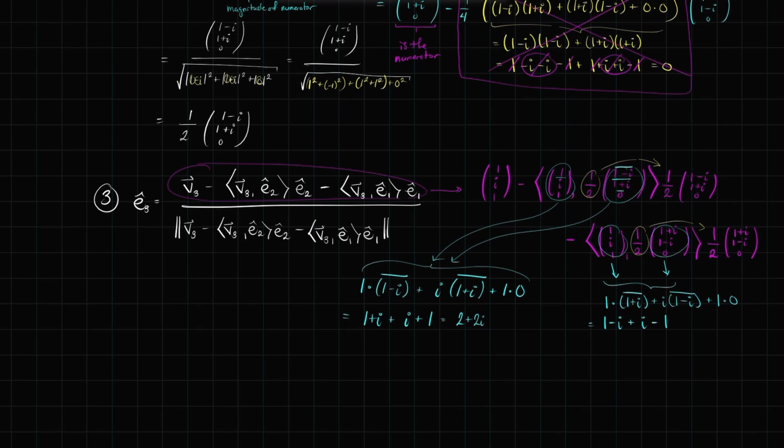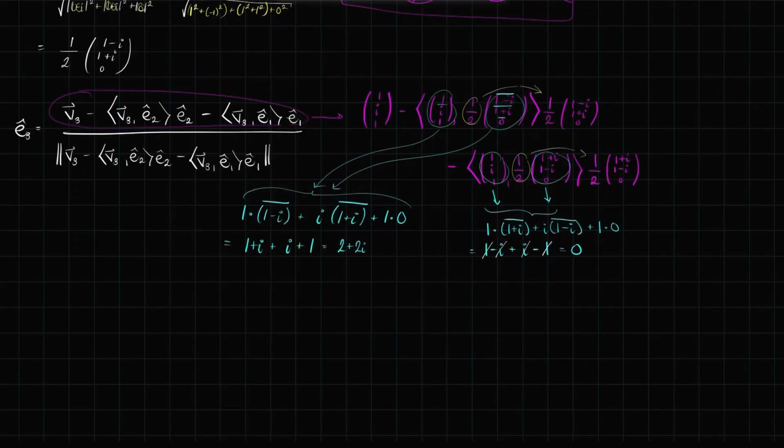And we can see we have a minus i and a plus i, a positive 1 and a negative 1. So I end up with 0 here. Okay, so we just found out that this entire term became 0, which means the only term that's contributing is this 2 plus 2i, which can replace that inner product.